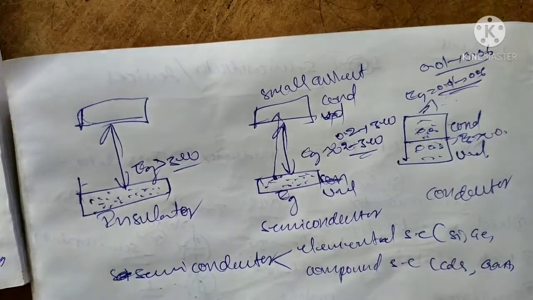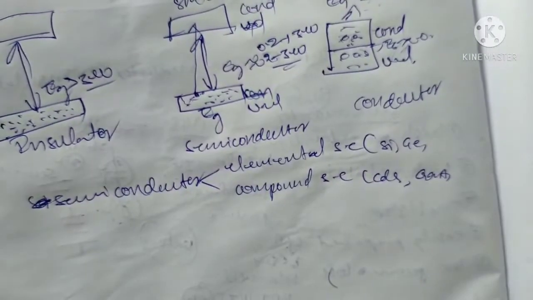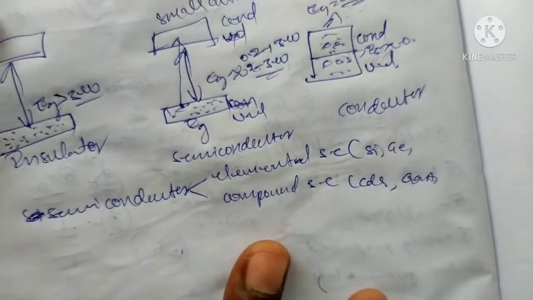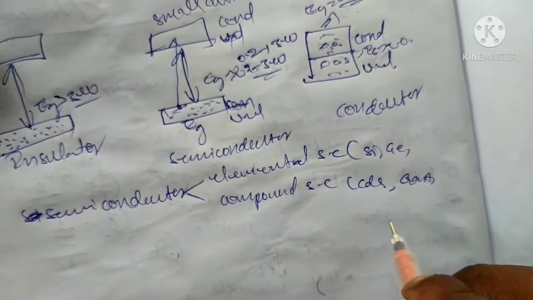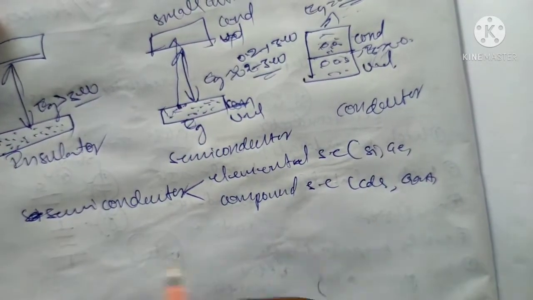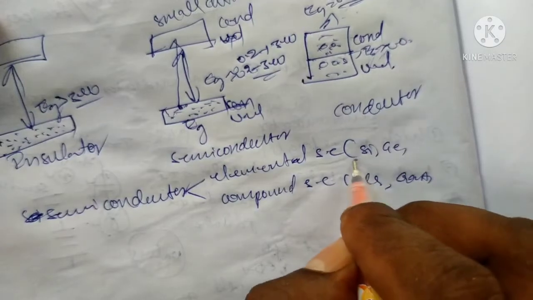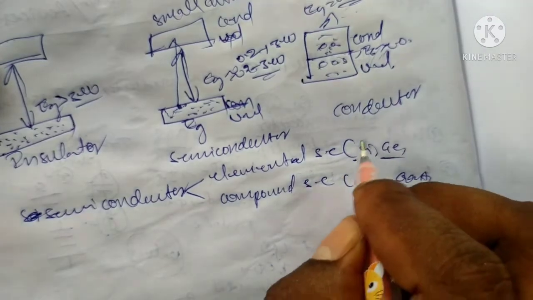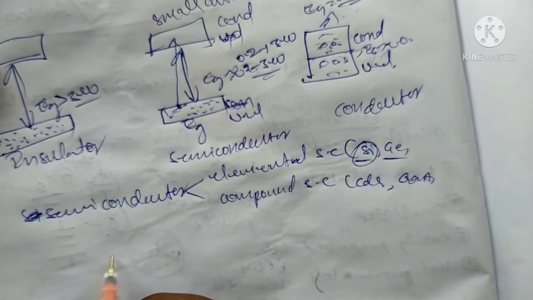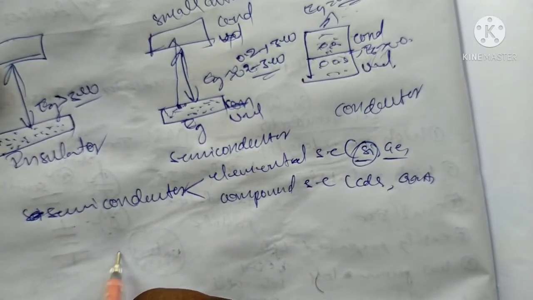Okay, on the basis of the energy band gap, you can explain them. What is the conduction band? What is the energy band gap? Suppose we take the best example semiconductors, silicon and germanium. What is the atomic number of silicon?